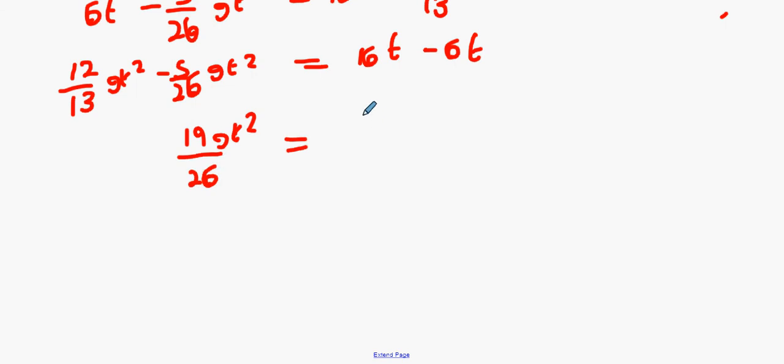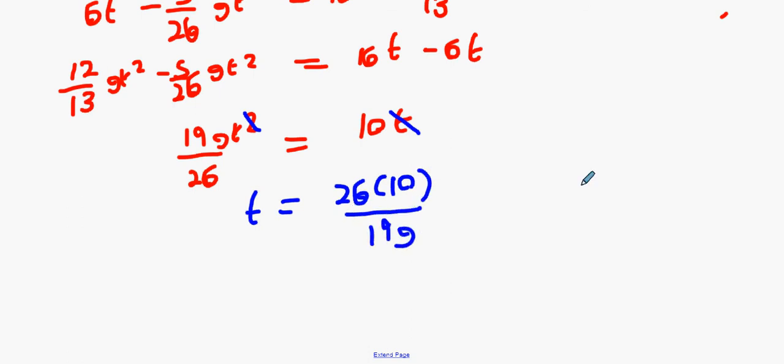That equals 10t. The t's will cancel. We get 26 times 10 divided by 19g, and that's the answer we're supposed to get: 260 over 19g.